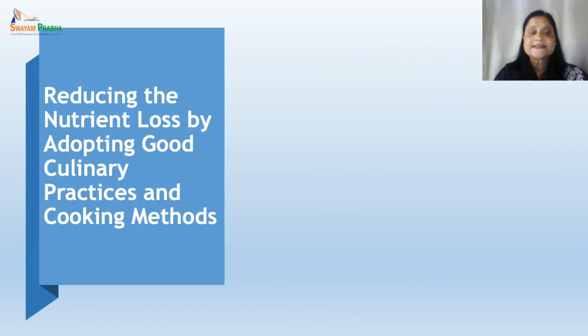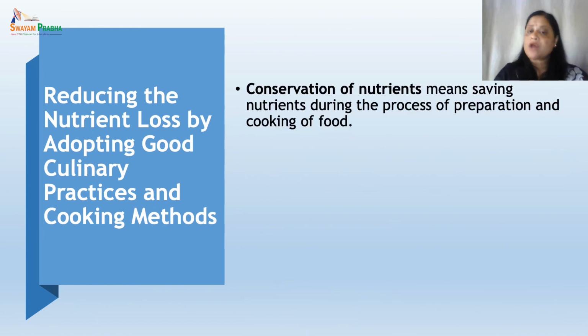Now let us learn reducing the nutrient loss by adopting good culinary practices and cooking methods of food. Conservation of nutrients means saving nutrients during the process of preparation and cooking of food.